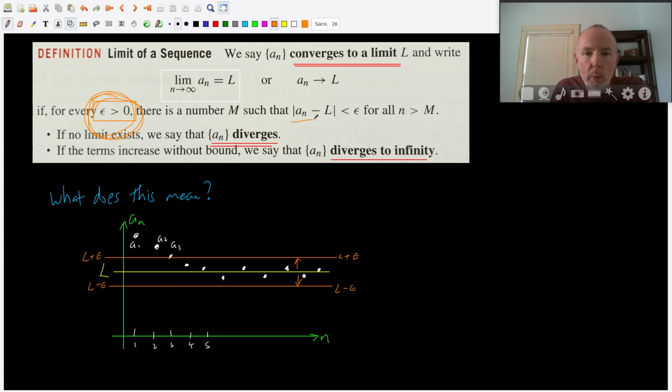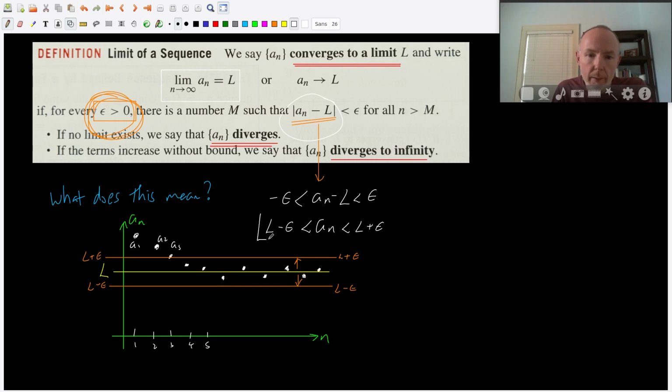So I get to name that number, but no matter how small I make it, look at this inequality. Think about what this inequality says. It says a sub n minus L is less than epsilon, but also greater than minus epsilon. If I remove the absolute value, this is the same as that line there. And another way of saying that is, if I add L to both sides, a sub n is between L minus epsilon and L plus epsilon.